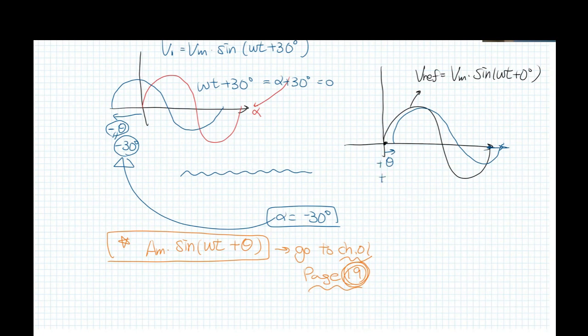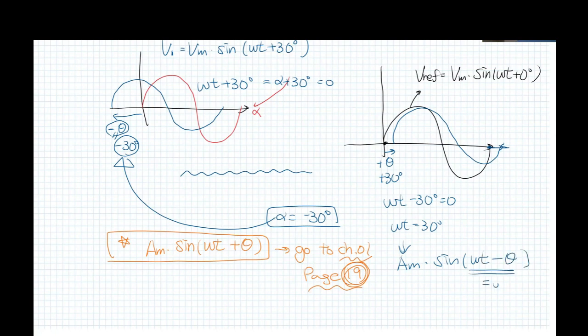For example, this is the 30 degrees here. So for this case, the lagging is A sub m sine omega t minus theta, because it is shifting to the right.